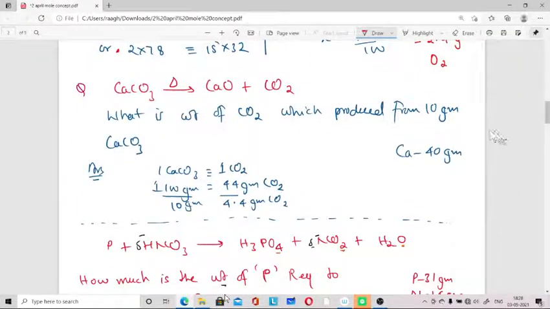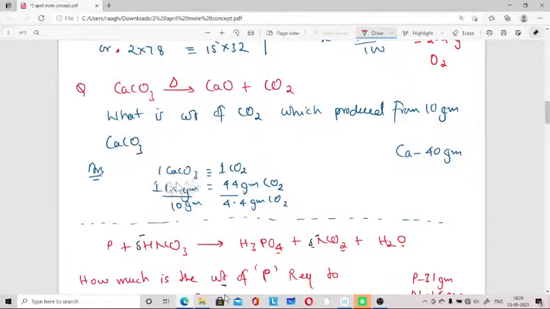Now let's take another equation, this simple one. Calcium carbonate undergoes decomposition to give calcium oxide and carbon dioxide. What is the weight of carbon dioxide which is produced from 10 gram of calcium carbonate? Now this reaction is already balanced. So 1 mole of calcium carbonate gives out 1 mole of carbon dioxide.